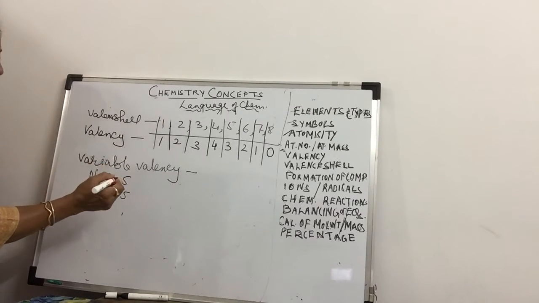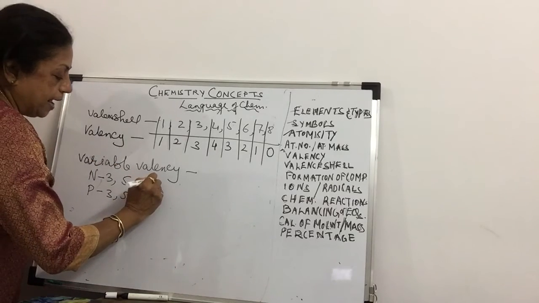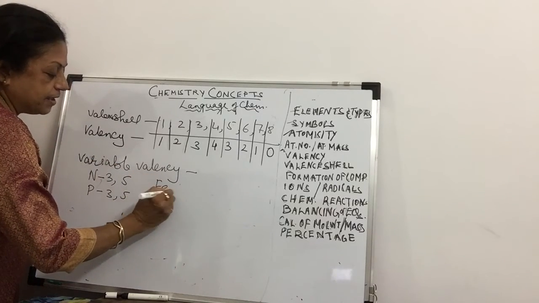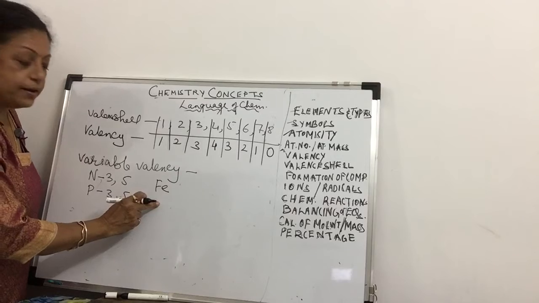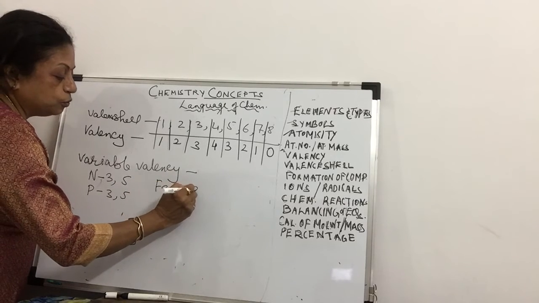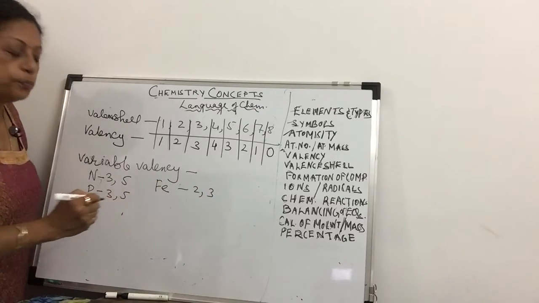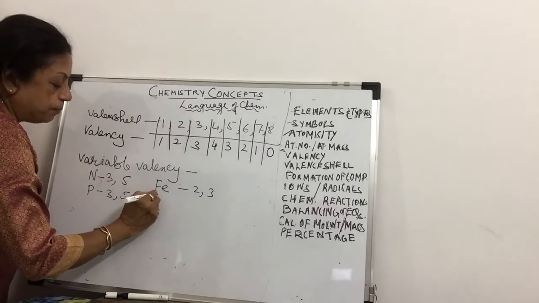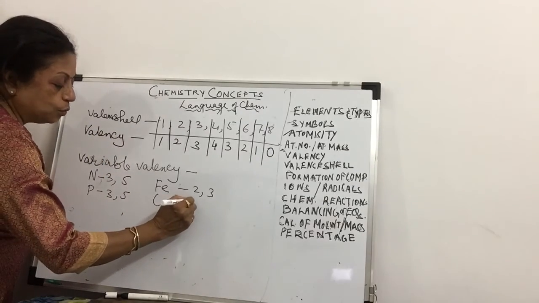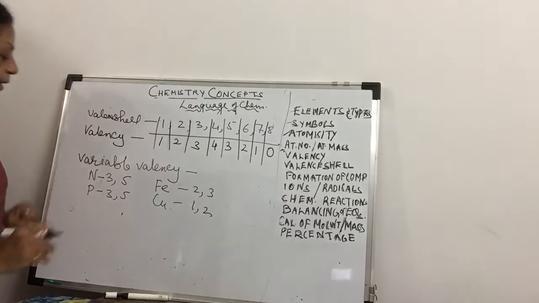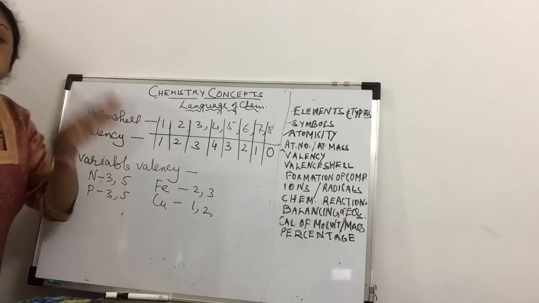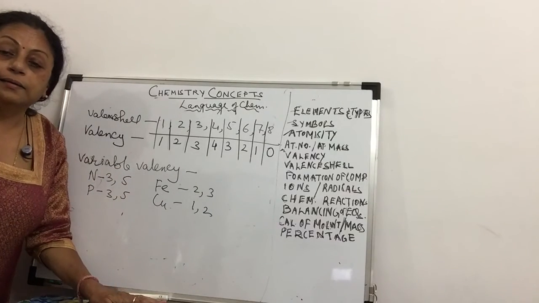Now for iron, Fe, which comes from ferrum, the valency is 2 and 3. Cuprum, that is copper, has got valency 1 and 2.